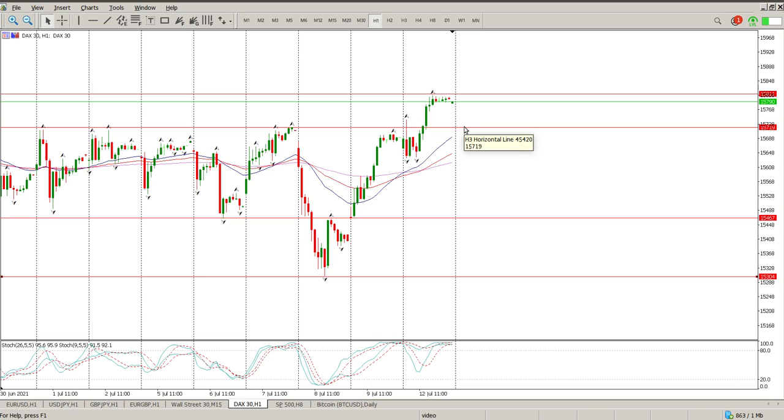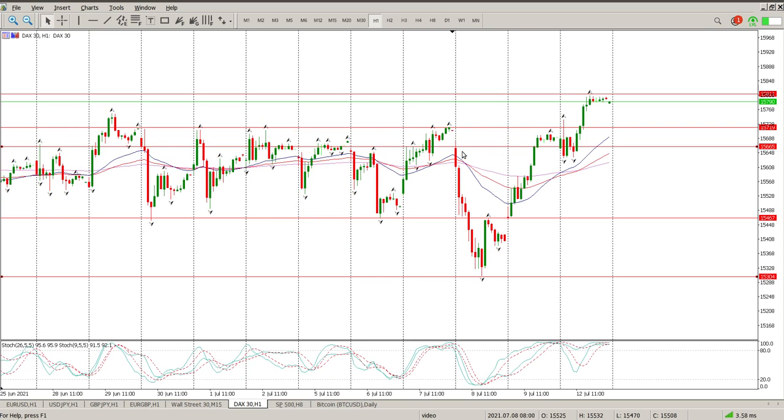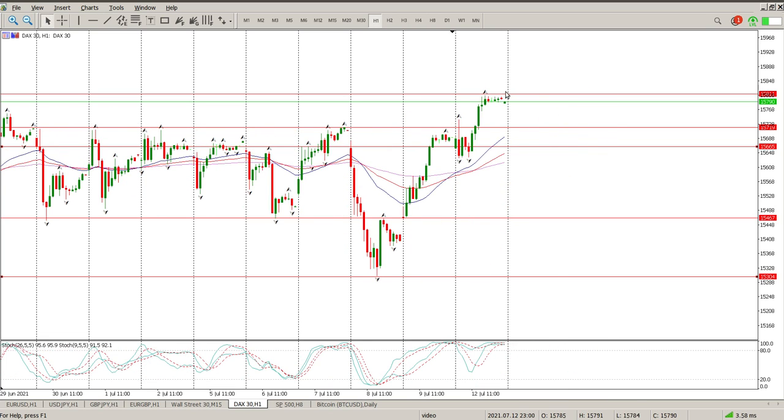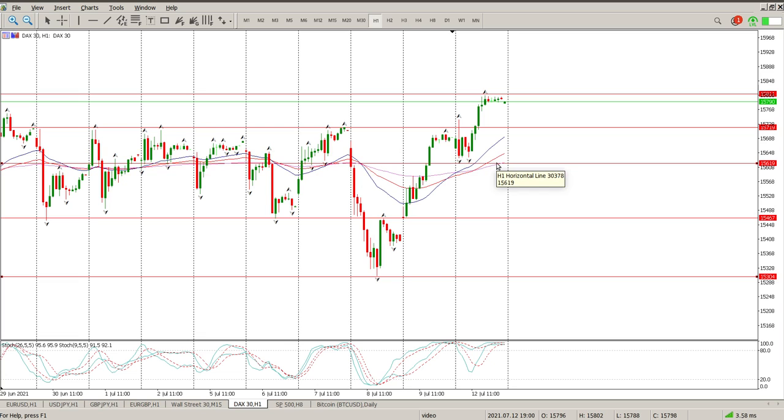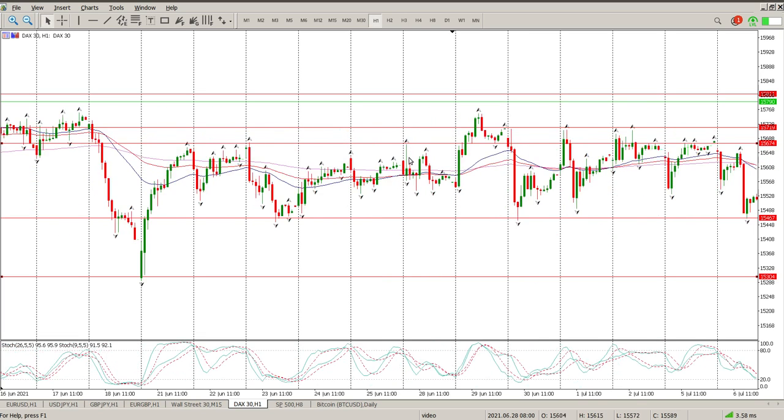The first one is obviously this 15,700. I'm just going to add another level here just to line up, and it's not going to line up. So what I am looking for is we need a retest of the 155, but that's quite far down, and I don't really see anything that's going to offer any support.